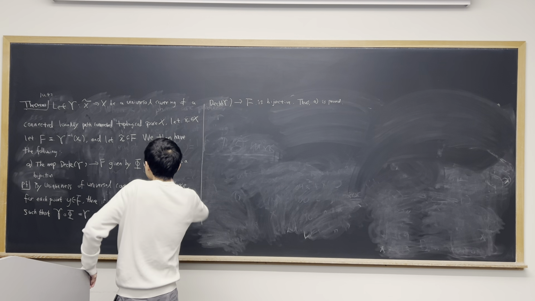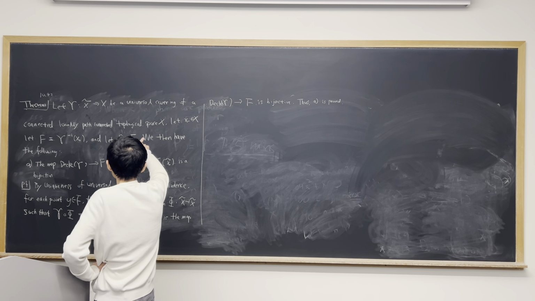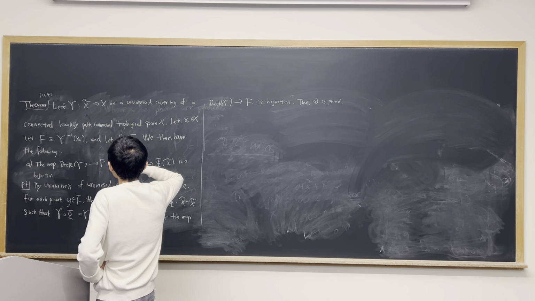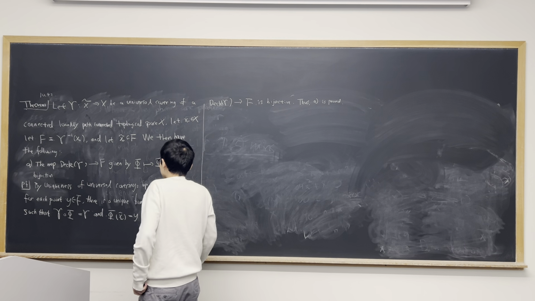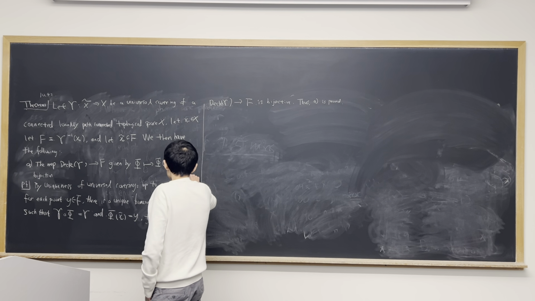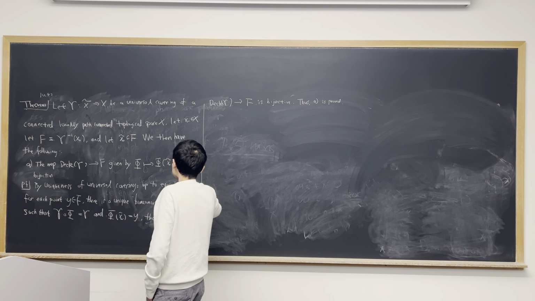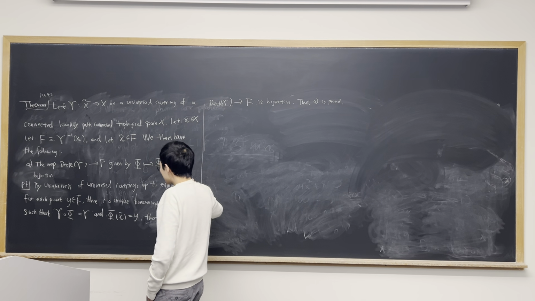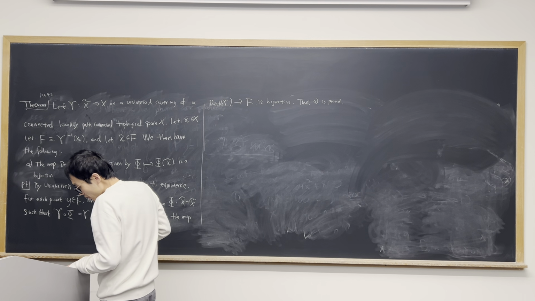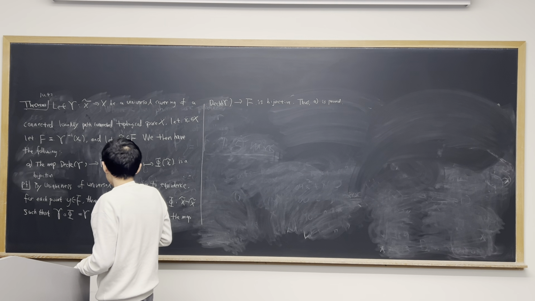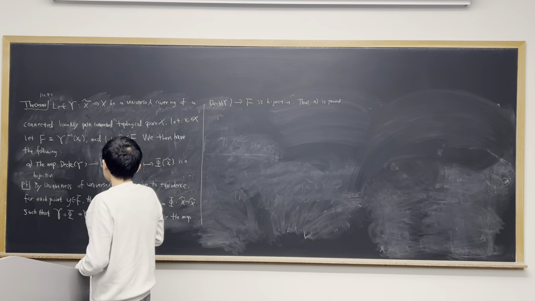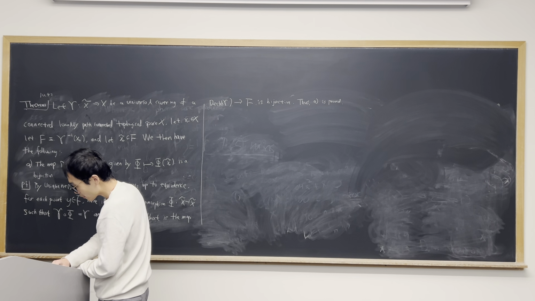So this X is a connected, locally path connected topological space. And yes, so the lemma 10.3.2. There's a lemma that we showed about the uniqueness of universal covering spaces, saying that a connected, locally path connected topological space has at most one universal covering space up to equivalence of coverings.